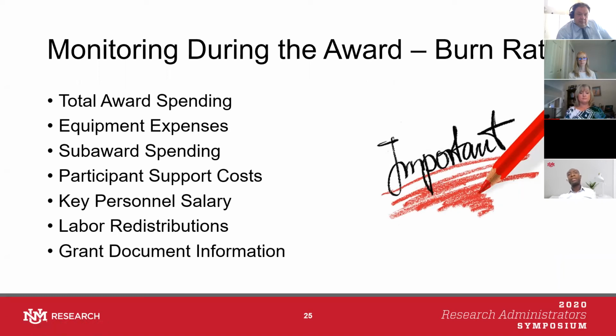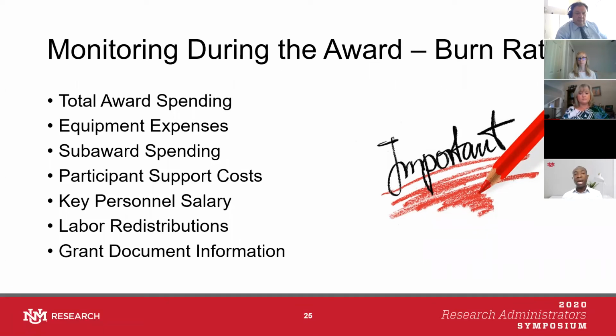Here are additional tools that we recommend as well during the life of the award. The burn rate tool, of course, will allow you to make sure that equipment expenses are being incurred on a timely basis and not waiting till the end of the award, that your sub-recipients, if you have a sub-award, are submitting invoices on time. Participant support is included in this case because we don't want to return funds back to the agency.